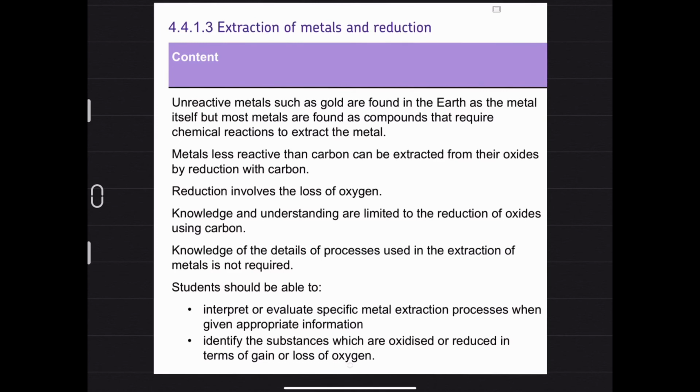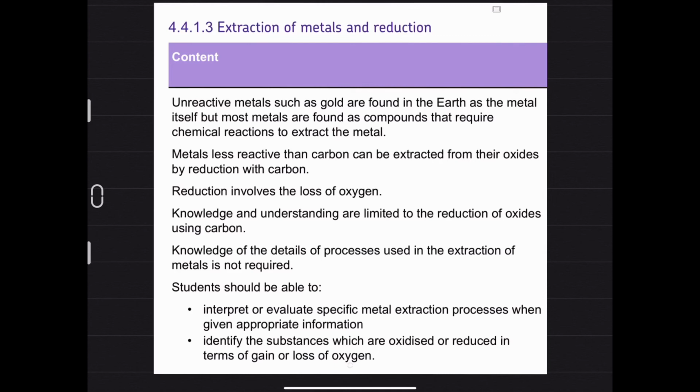There are various types of industrial processes which go into quite a bit of detail in terms of how metals are extracted. You do not need to know that. However, you must be able to interpret or evaluate specific metal extraction processes when given appropriate information.